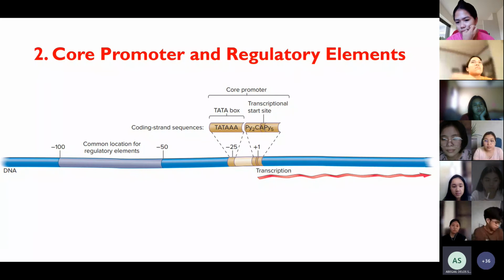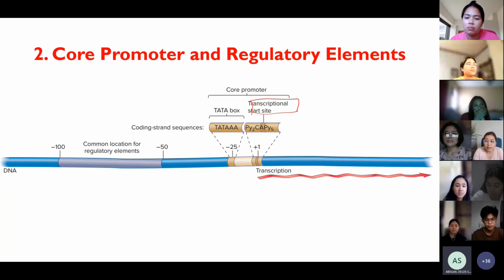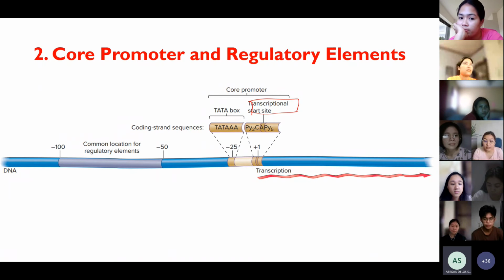In the picture, we can see the transcriptional start site, and the site usually occurs at an adenine, with 2 pyrimidines, either a cytosine or a thymine. A cytosine would precede the adenine, and you would also have 5 pyrimidines that would follow it.